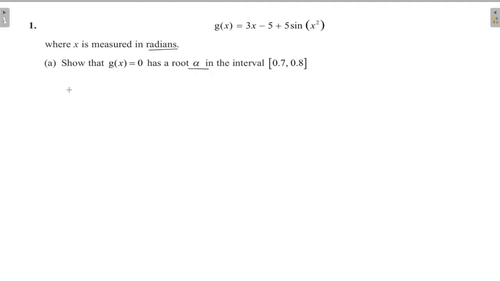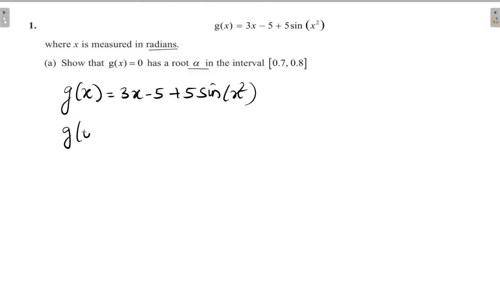Let's find g(x), which is given as 3x − 5 + 5 sin(x²). Let's find g(0.7). Let's replace the value of x by 0.7. So 3 times 0.7 − 5 + 5 sin(0.7²).